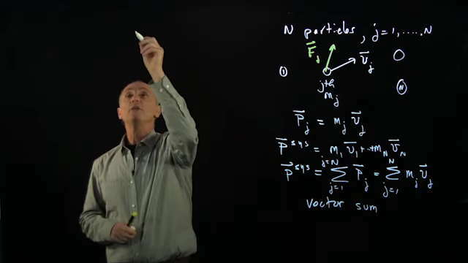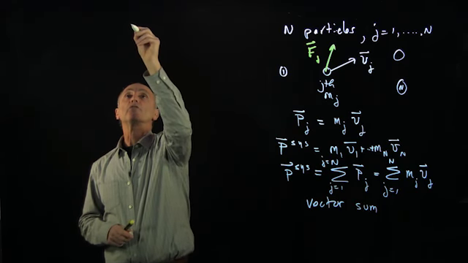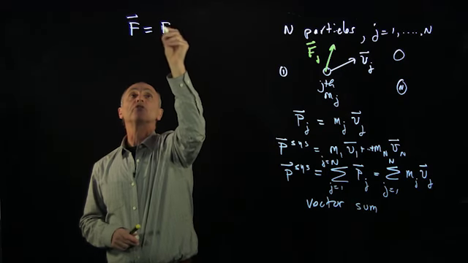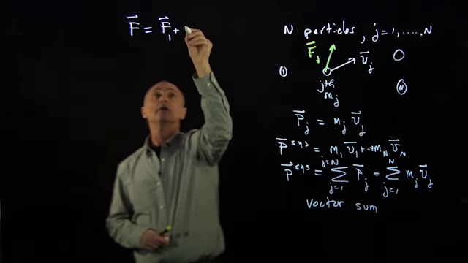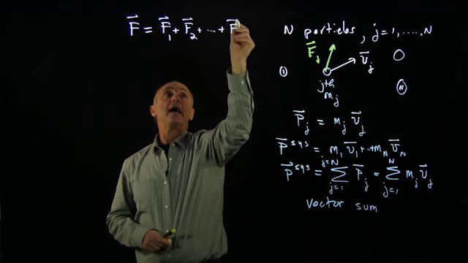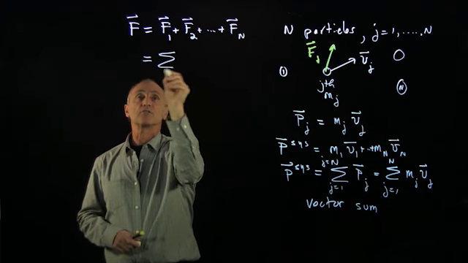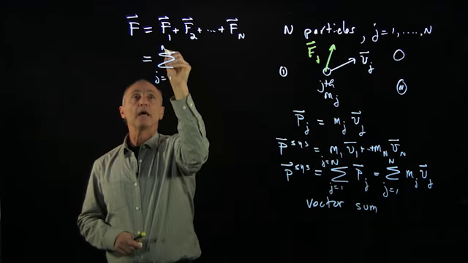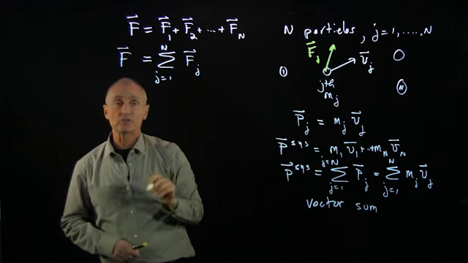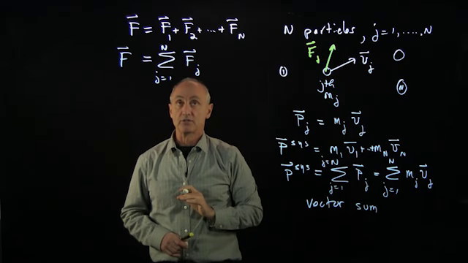Then the total force will be the sum of the forces on all the particles, F1, F2, plus dot, dot, dot, plus Fn. So once again, we can write this as a sum, j goes from 1 to n of the force on the jth particle. And that's the sum of all the forces on all the particles in the system.